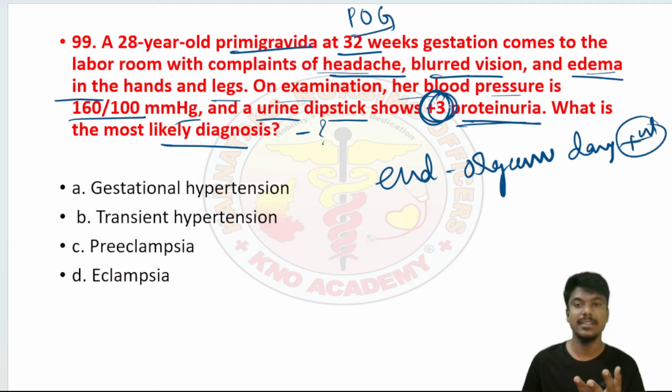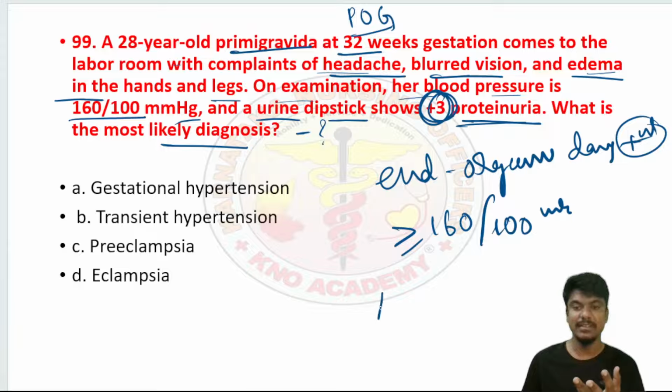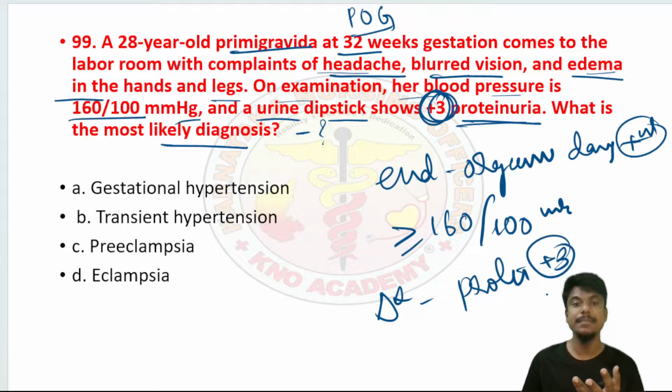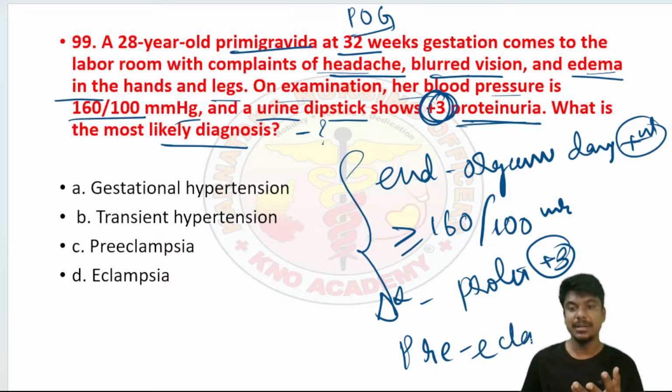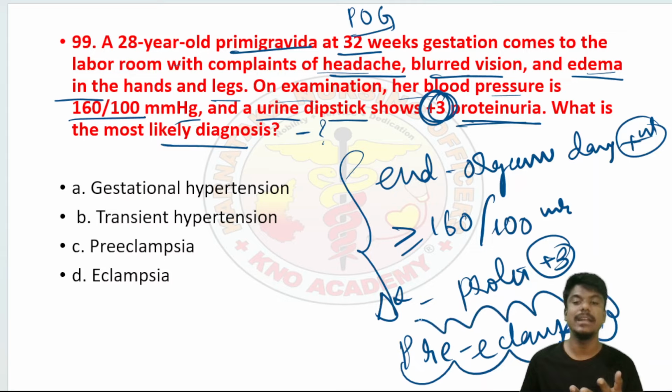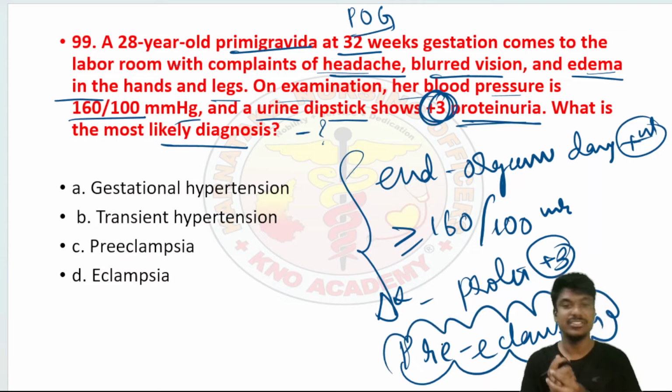On examination, BP is elevated, 160 by 100 mmHg. In the investigation, the urine protein check shows proteinuria +3. So all these three denote a preeclampsia picture, clearly visible based on the symptoms, examination, and investigation findings.